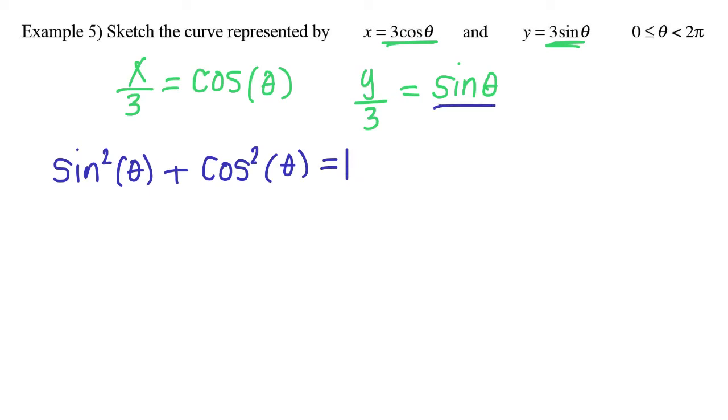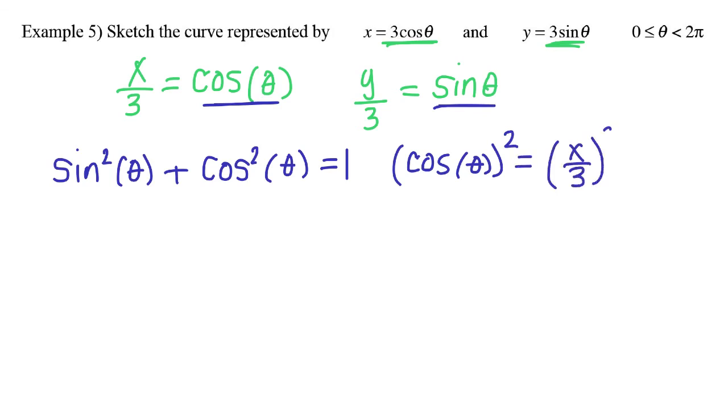And since I know what sine of theta and cosine of theta are, we can figure out pretty quickly what the squared version should be. So if I say cosine theta squared, then I'm going to square the other side of my equation, so I get x over 3 all squared.